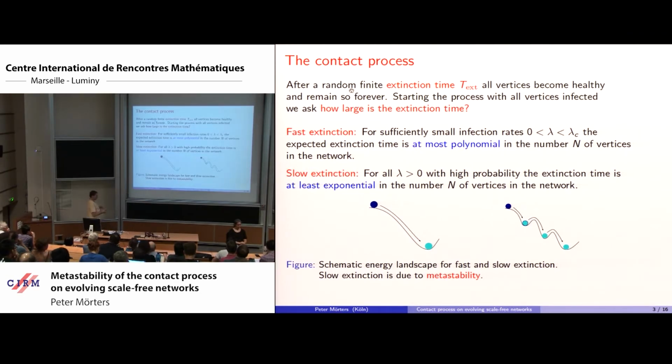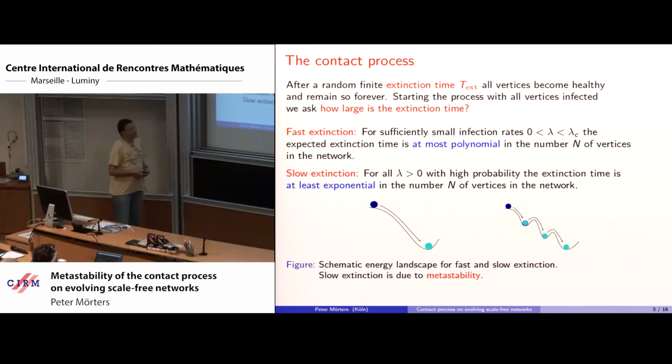If you think of this system as a particle in an energy landscape, in the fast extinction case, you move very quickly to this lowest energy state where everyone is healthy, whereas in the slow extinction case, there are local minima in this energy landscape, and you get stuck in these local minima, and this is what the physicists call metastability.